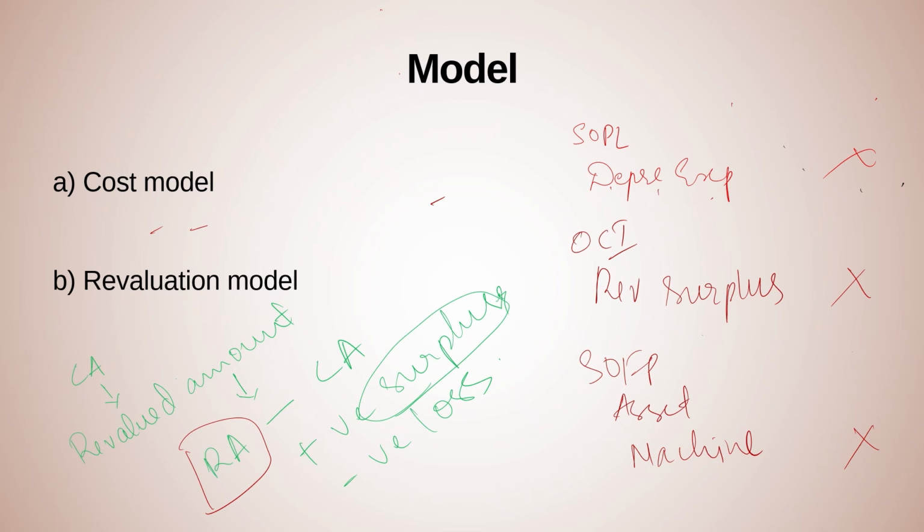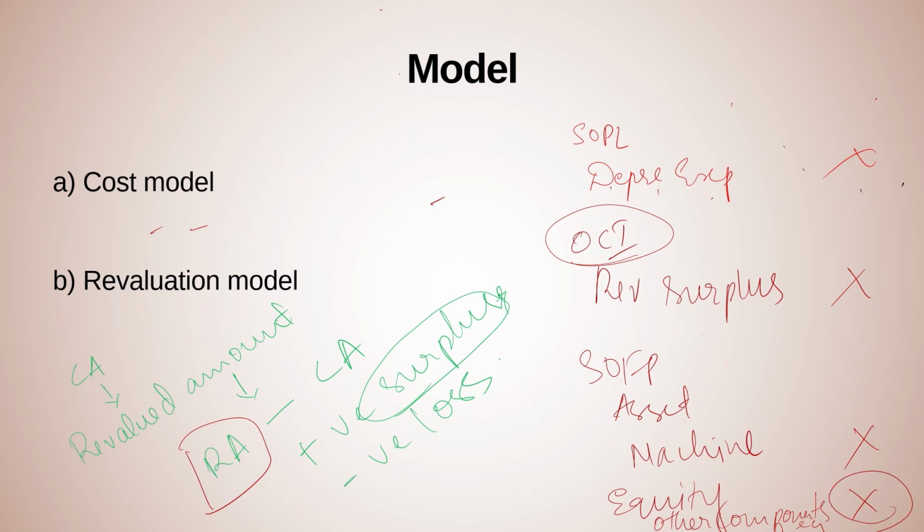And then under equity, we will show other components of equity. The revaluation surplus amount. The amount which we have written in OCI will be written here also.